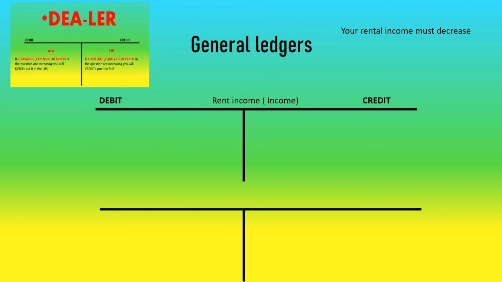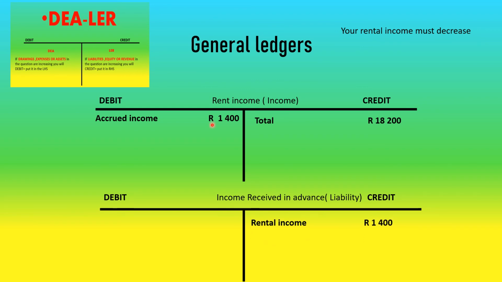So therefore, you need to actually reduce the amount of income you've received. Here we've got the total income of 18,200, and then you will see on the debit side we've got the 1,400 that I've calculated in the previous slide. This is a liability. Therefore, it will be put onto the credit side in the income received in advance account.